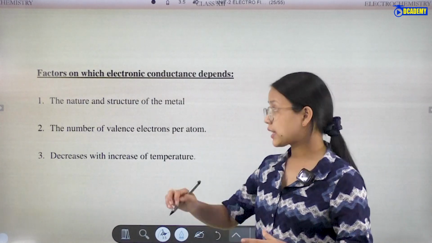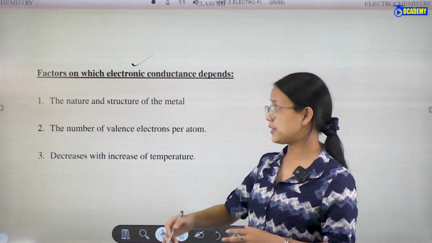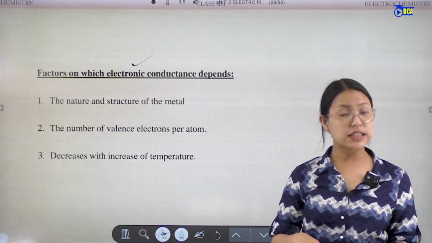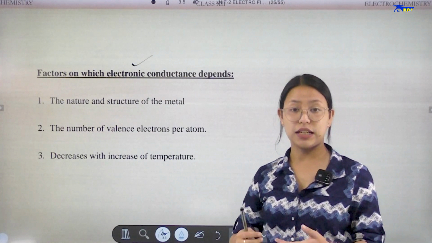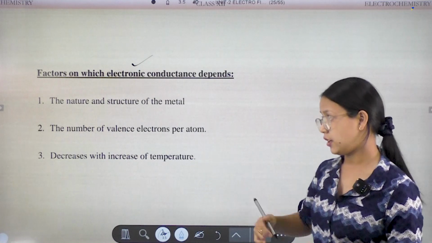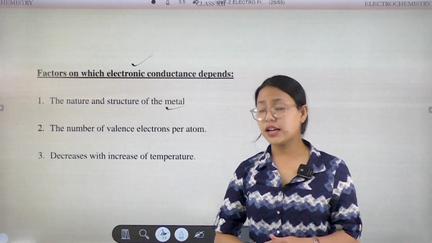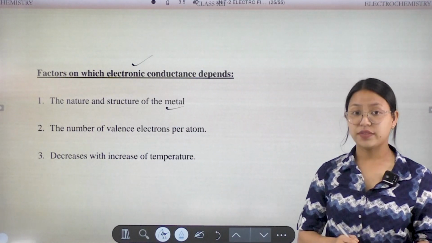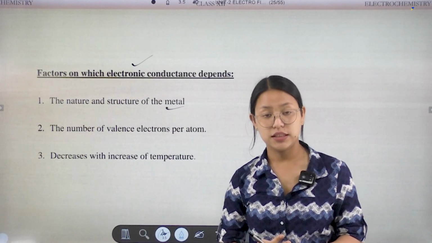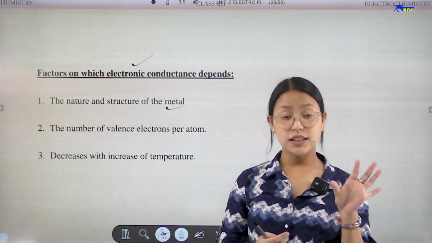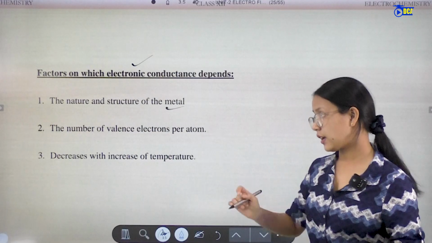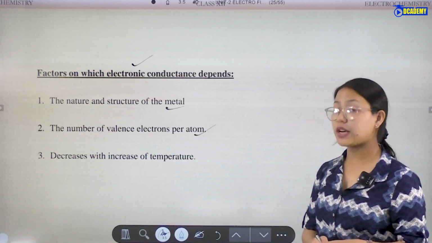Now, these are the factors which influence the electronic conductance. Point number 1 is the nature and structure of the metal. Then the number of valence electrons per atom.